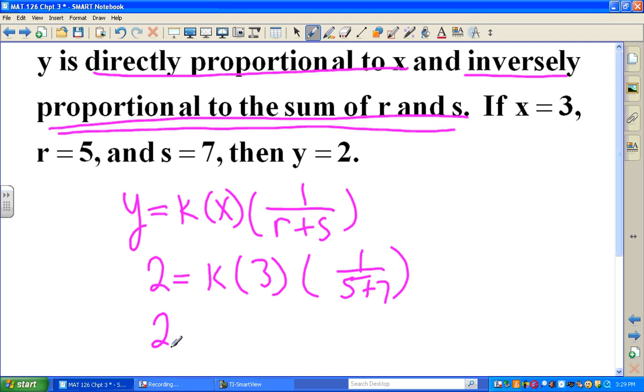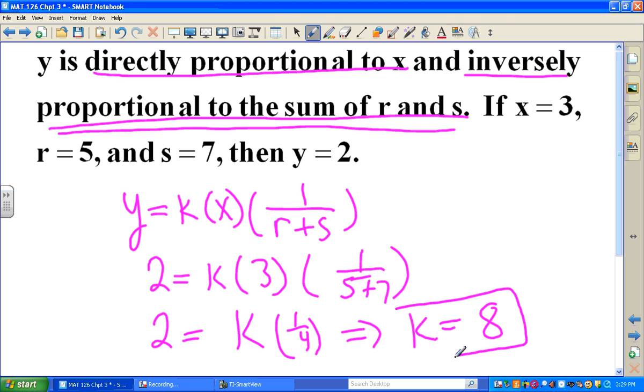Shouldn't be too difficult. 2 equals K times, that's 12, 1/4, I think, which tells you that K equals 8. All right, so my final answer is going to be Y equals 8x over R plus S.